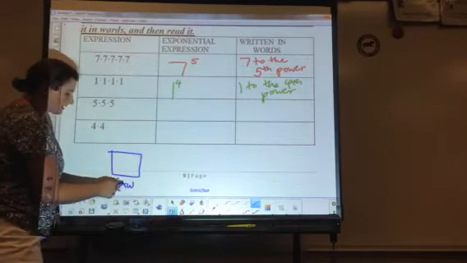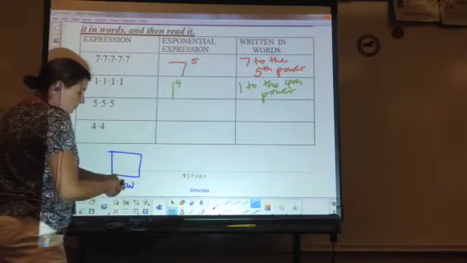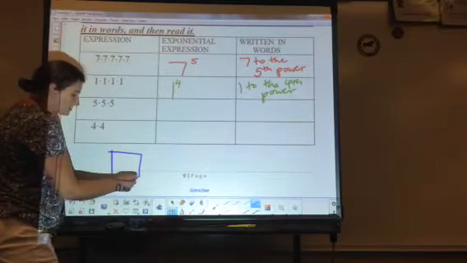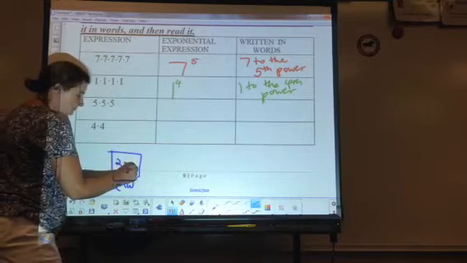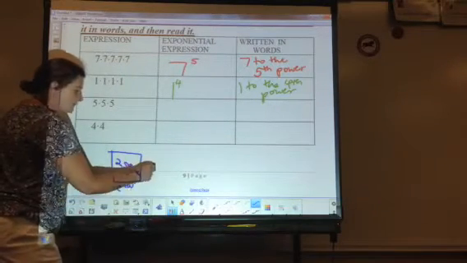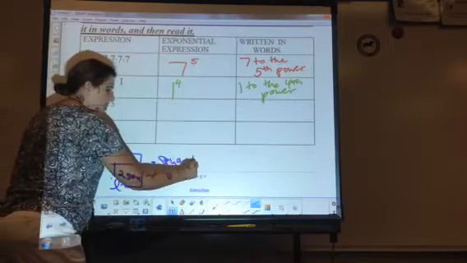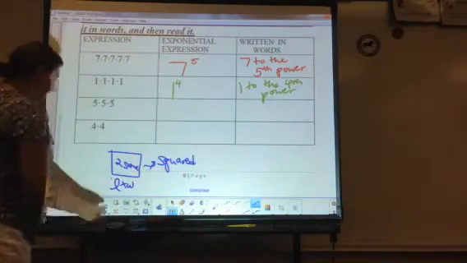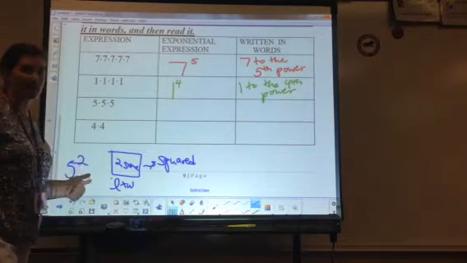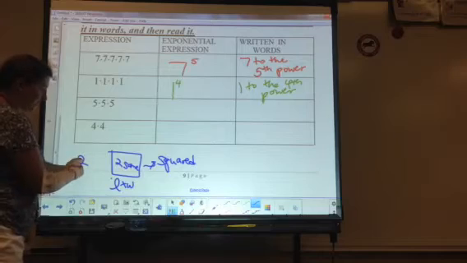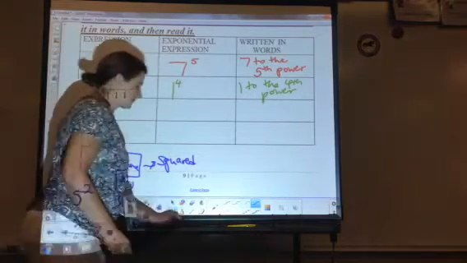But on a square, the length and the width are the same. So an exponent of 2 has to do with a number times itself, or 2 of the same. So an exponent of 2 is called squared. So if I had 5 to the second power, I could say 5 to the second power, but I could also say 5 squared, because that square would be 5 by 5.